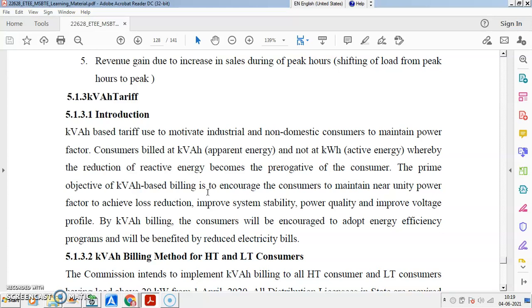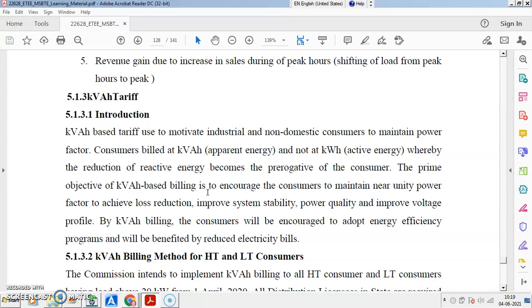So kVAh is a vector sum of kWh and kVAr. If any consumer is feeding kVAr, that means kilovolt ampere reactive, or in simple language, S is the vector sum of P and Q. P is active power, Q is reactive power.